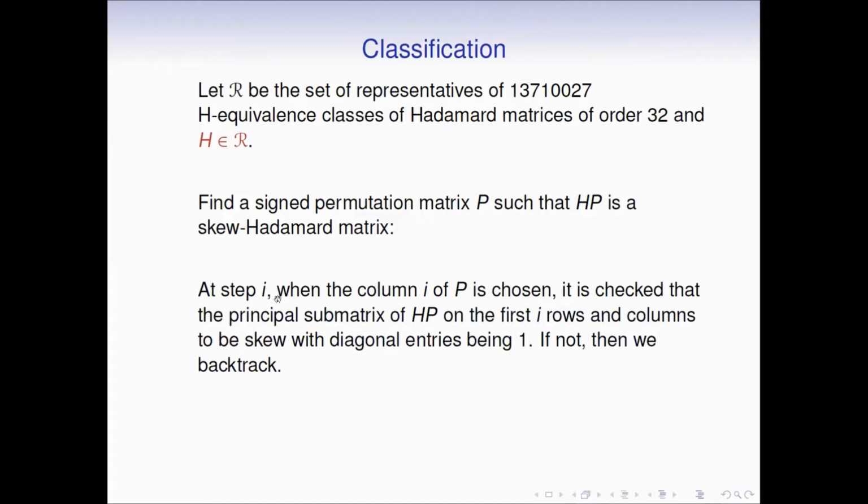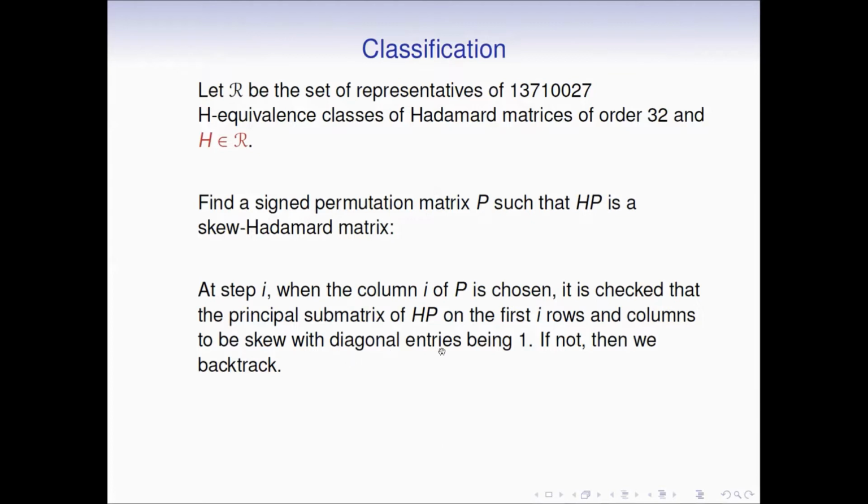At step I, we construct column I of this matrix P. We consider all possible possibilities for column I, and for each possibility, we check that the principal submatrix of HP in the first I rows and columns is skew.